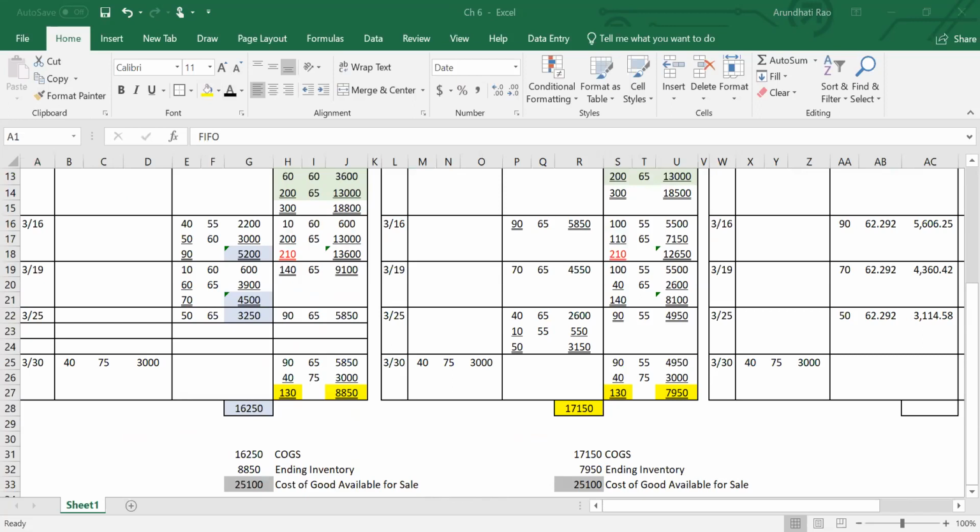The second journal entry is cost of goods sold debit, inventory credit, and those numbers are what we calculated in Excel. Depending on which method you use, your answer is different for each of those journal entries. For the cost of goods sold debit, inventory credit, that's where there's a difference in the three methods. So I hope this helps you as you work through your exercise on the homework problem.